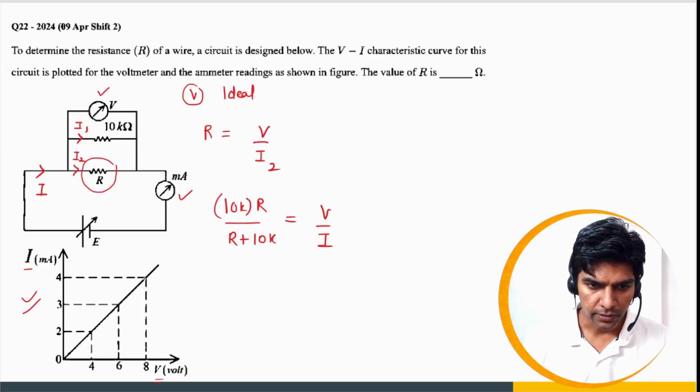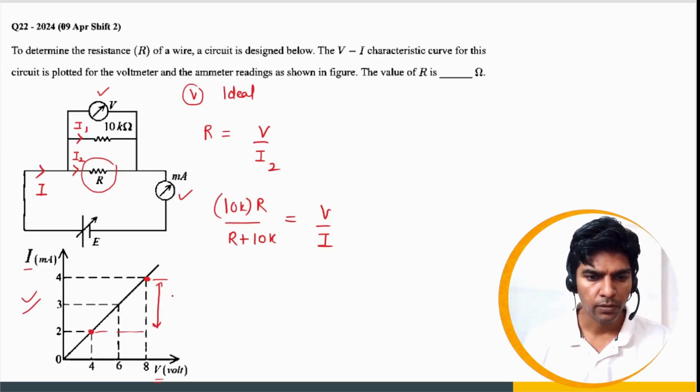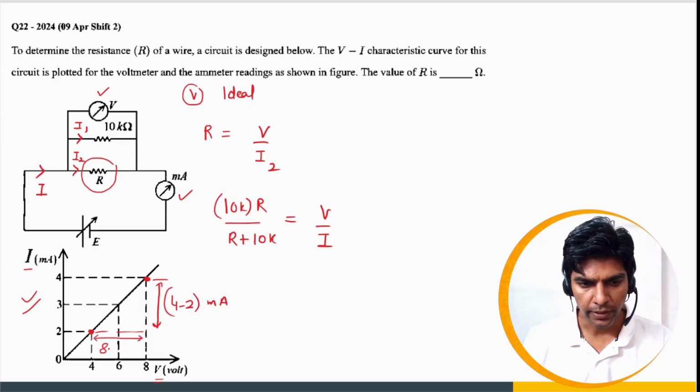Okay, so let us find the ratio of I and V. So I'm taking these 2 points. So this delta I comes out to be 4 minus 2 milliampere, and delta V comes out to be 8 minus 4 volts.